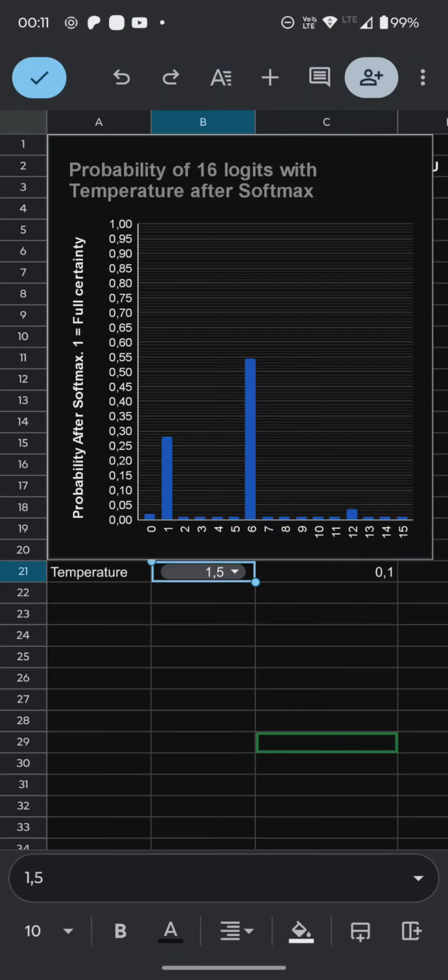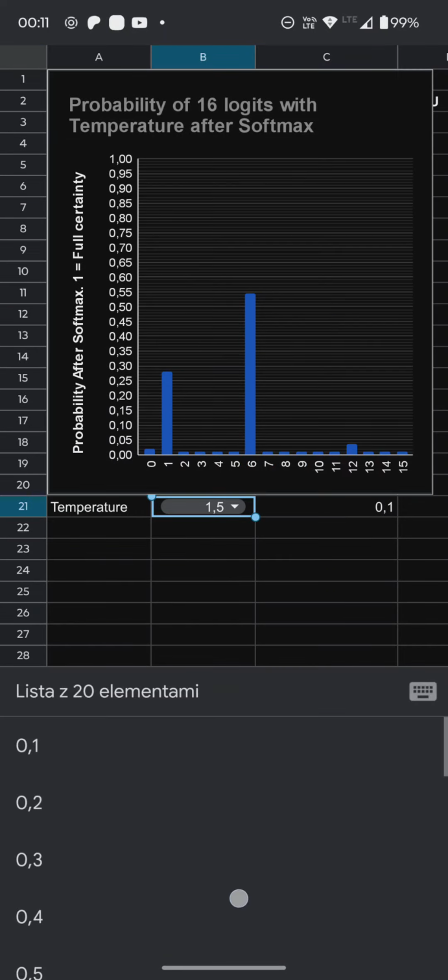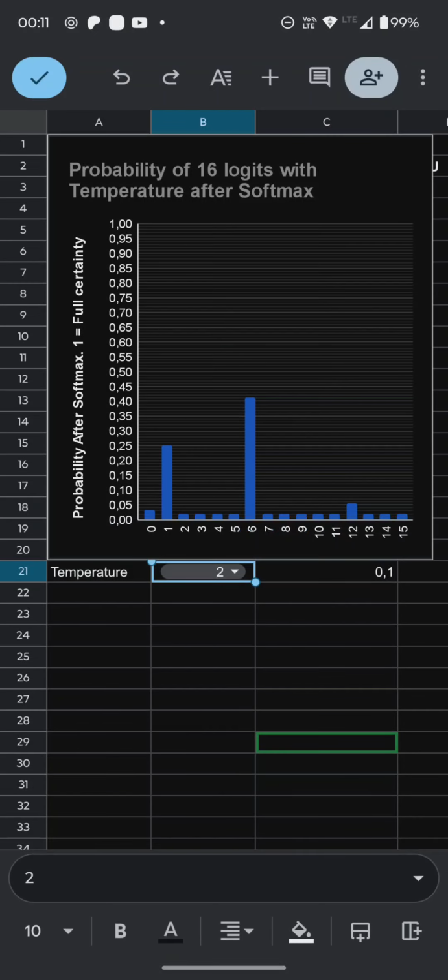The answer number 2 would be 28% certain. Let's go a bit more extreme to 2. And now we can see that even those answers that are supposed to be basically rejected aren't. They have about 2% chance of being picked.